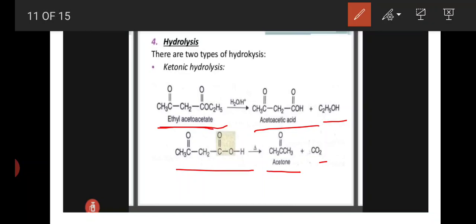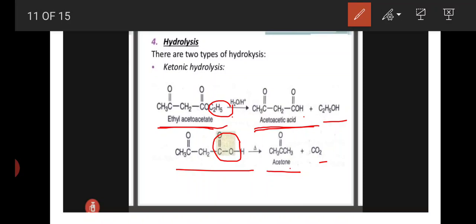Ethyl acetoacetate on hydrolysis loses ethyl alcohol and forms acetoacetic acid.